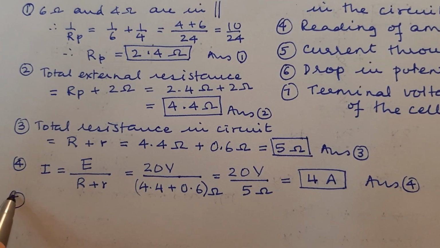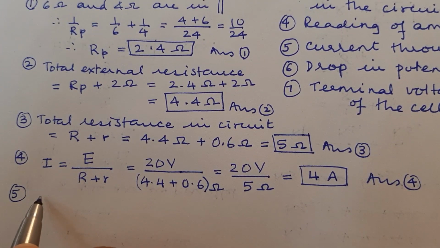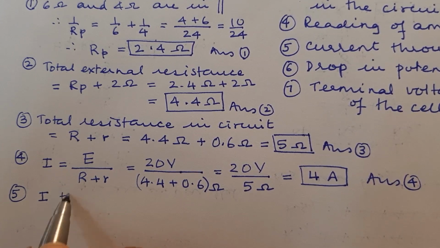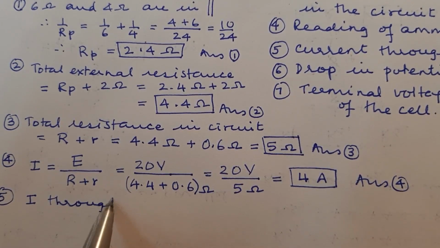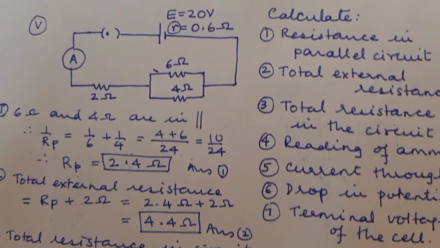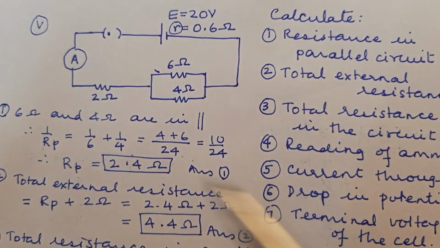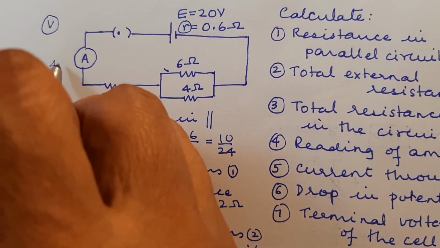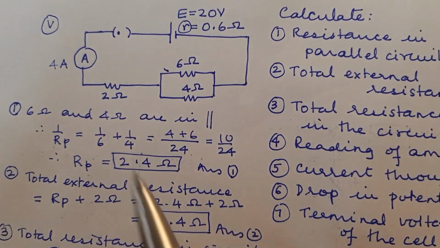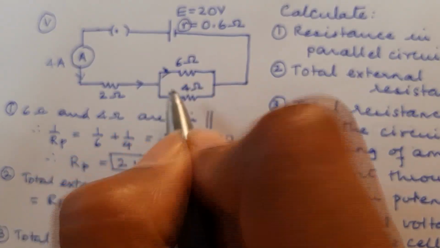The fifth subpart, current through 6 ohm. So we have to find I through 6 ohm. Now if you look at the diagram, the current over here in the ammeter is 4 ampere. So this current goes this way and it splits into 2 branches.